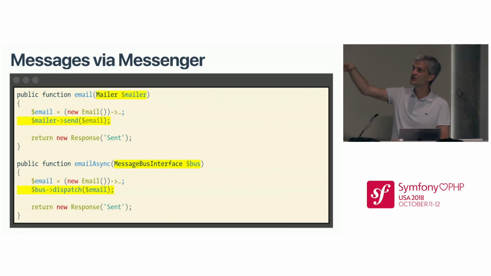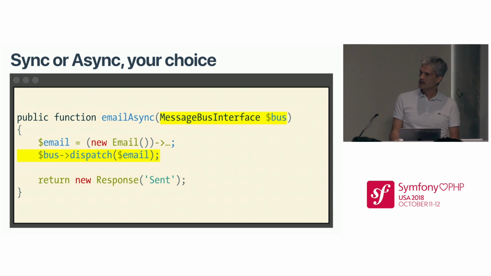And then instead of sending the email on the mailer, or the transport really, you dispatch the email. That's all. So from your perspective, it's almost the same, right? Not the same object, not the same method. But if you are doing that, it gives you a lot of power.